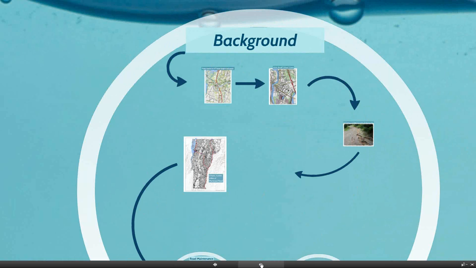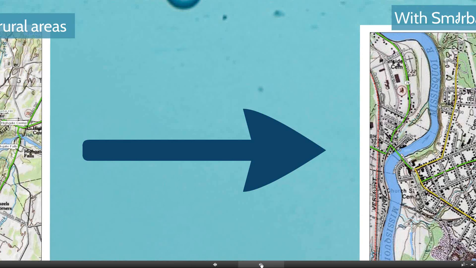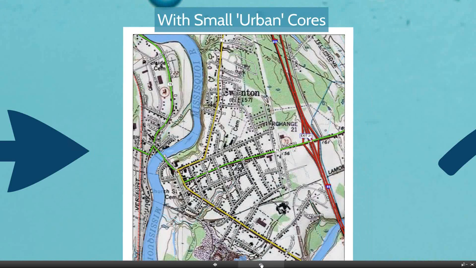Most towns in Vermont generally have very large rural areas with extensive road networks. And the urban cores are generally small, compact village centers where there's more of a cluster of impervious surfaces. But really, the rural road network is much larger in scale.